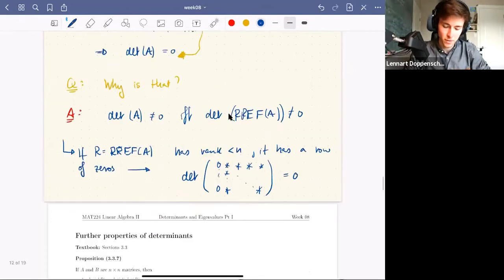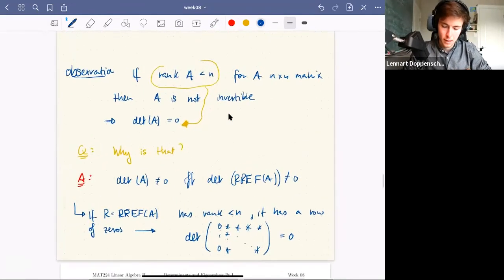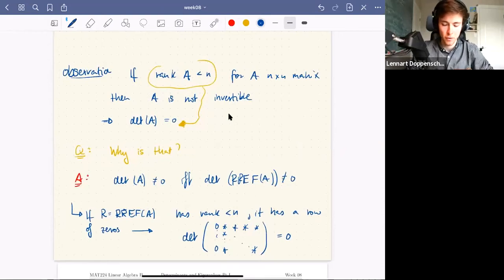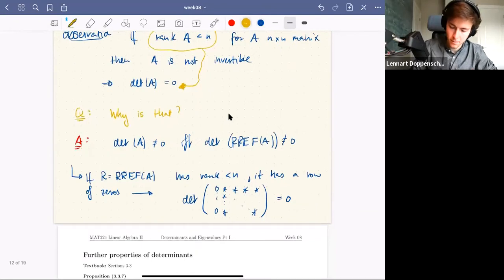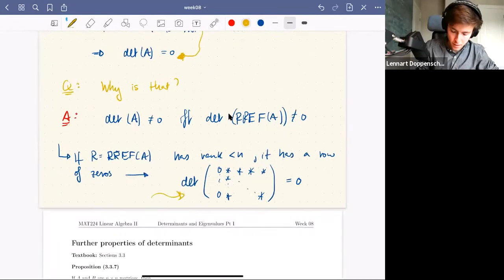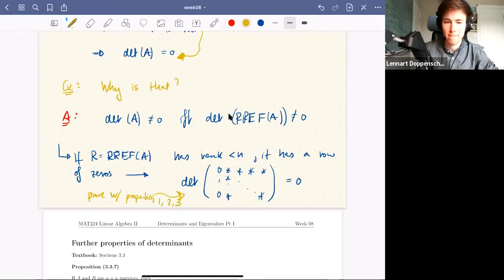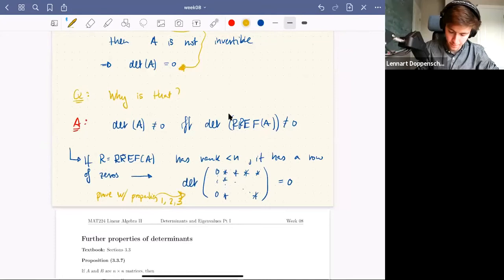So this is just an observation that we can make with the rank, invertibility, and the determinant. Maybe you can actually prove this with the properties 1, 2, and 3 that we posed.